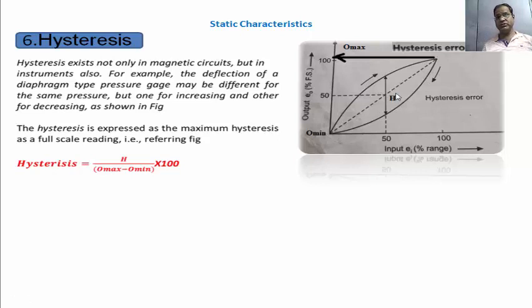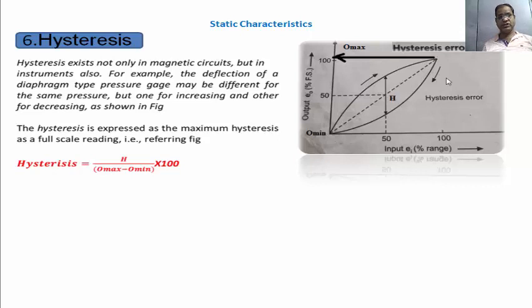So how much hysteresis are you getting? At 50%, whatever maximum you are getting here, that is H. And O max is the maximum output you are getting at a given input, minus O min, that is the initial. So H upon O max minus O min into 100 is nothing but the hysteresis error.